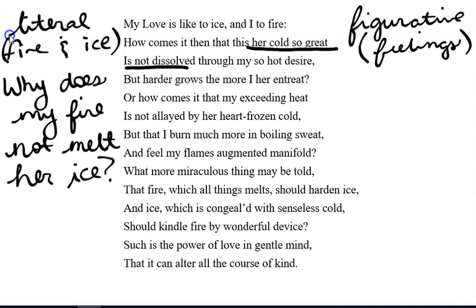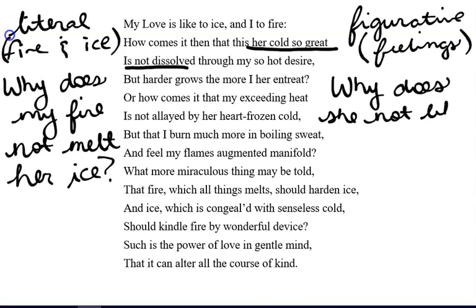He's asking, why does she still not like me even through my desire? I'm going to put, why does she not like me despite my desire?